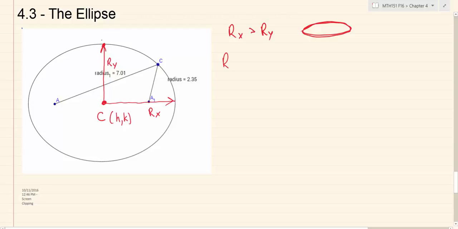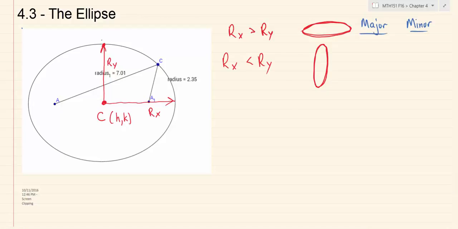If, on the other hand, r sub x is less than r sub y, then you have an ellipse that looks like this. It's stretched in the y direction. So when your ellipse is stretched horizontally, the major axis is called r sub x, and the minor axis would be r sub y, because r sub x is bigger, right?